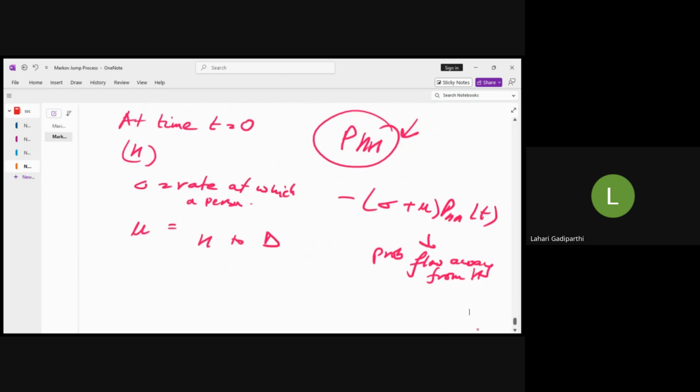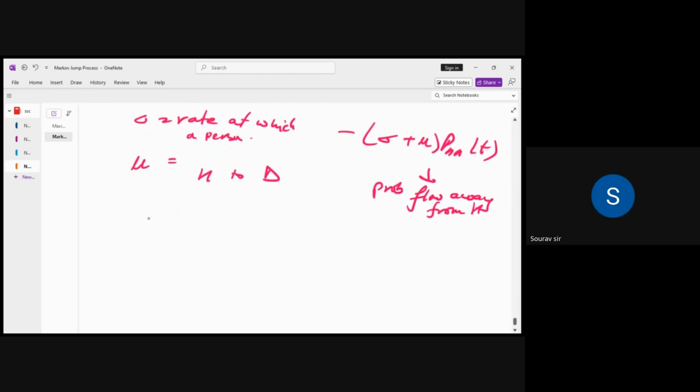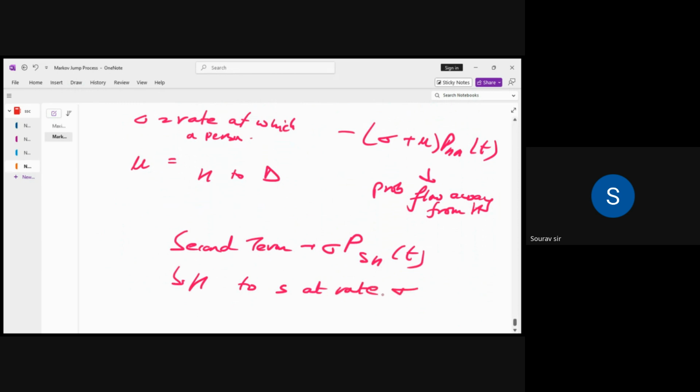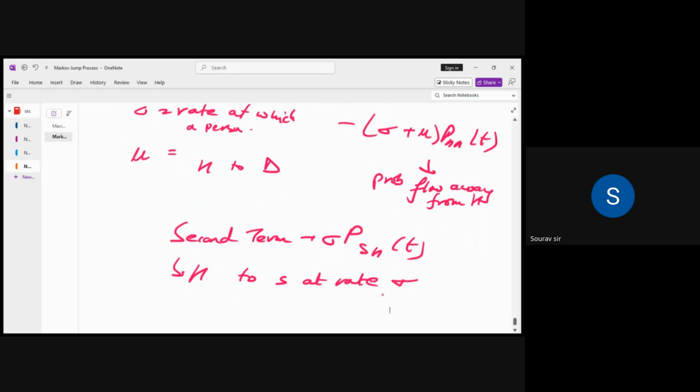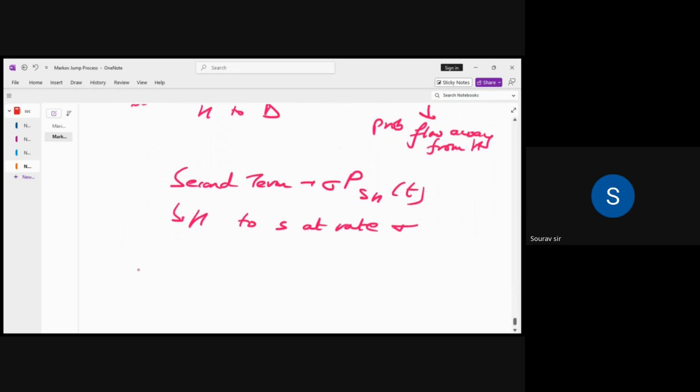Okay. And the second term explanation. The second term is theta P_SH(t). That means the system can first transition from healthy to sick at rate theta, and once in sick, the system may return to healthy over an interval of time t.